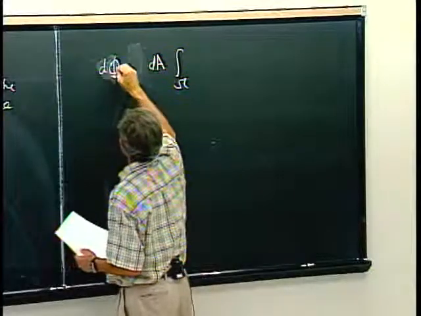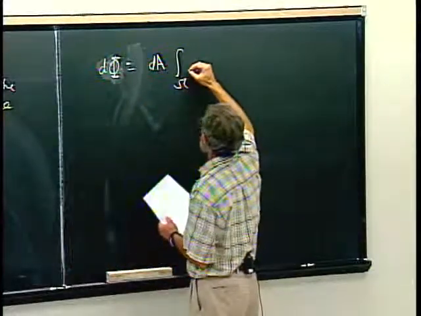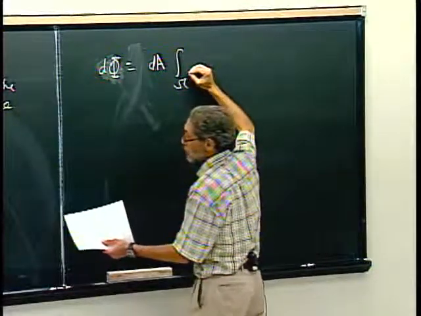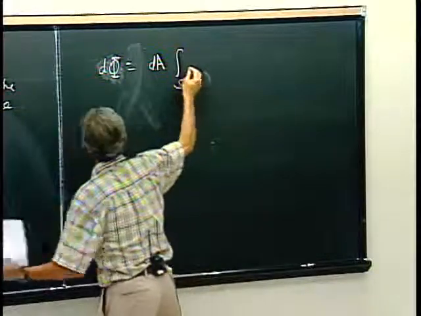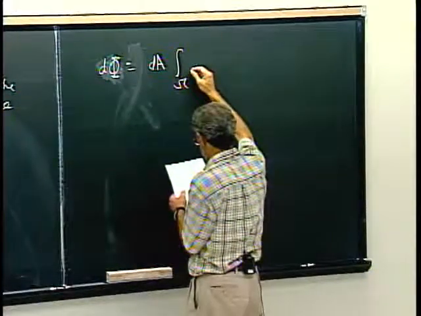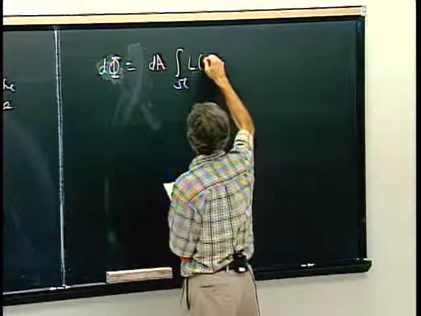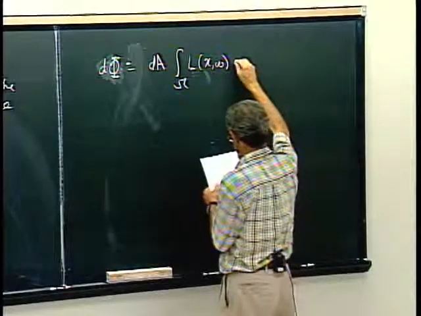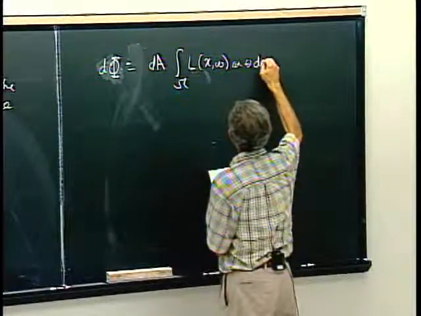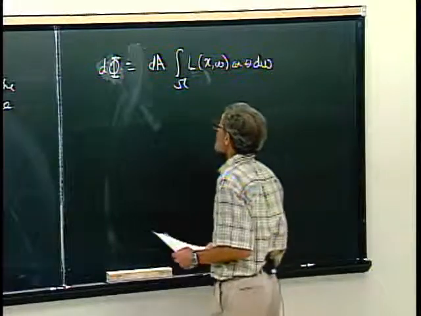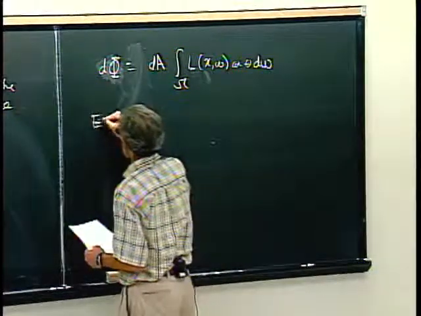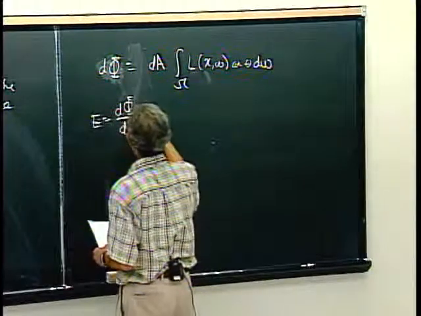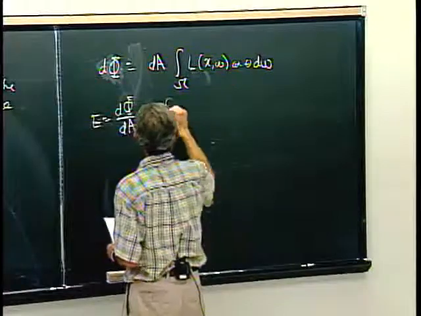For a small area, we can assume things are constant under the integral as a function of the position x on the area, and take that out of the integral, and then it just becomes L, I'll use my notation instead of the book's notation, because that's what I have in my notes, cosine theta d omega. And then the irradiance, which is d flux over dA, is just this integral over the solid angle hemisphere of L.